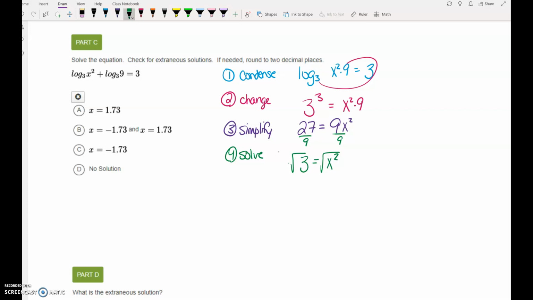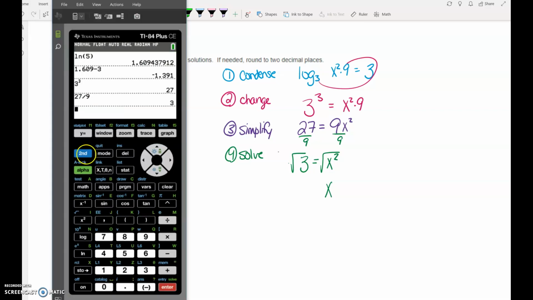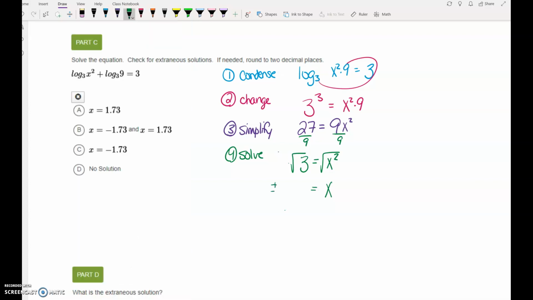When we square root both sides, we have to put a plus minus in there. And notice our answers have decimals, so we need to do the square root of 3 and get that decimal. 1.732 plus or minus 1.732. Now we need to check both of these. So really this is positive 1.732 and negative 1.732.